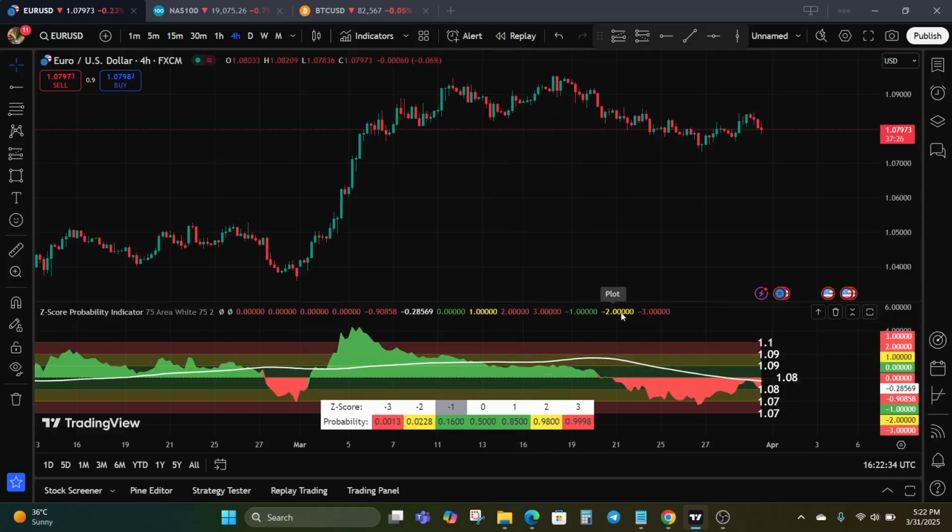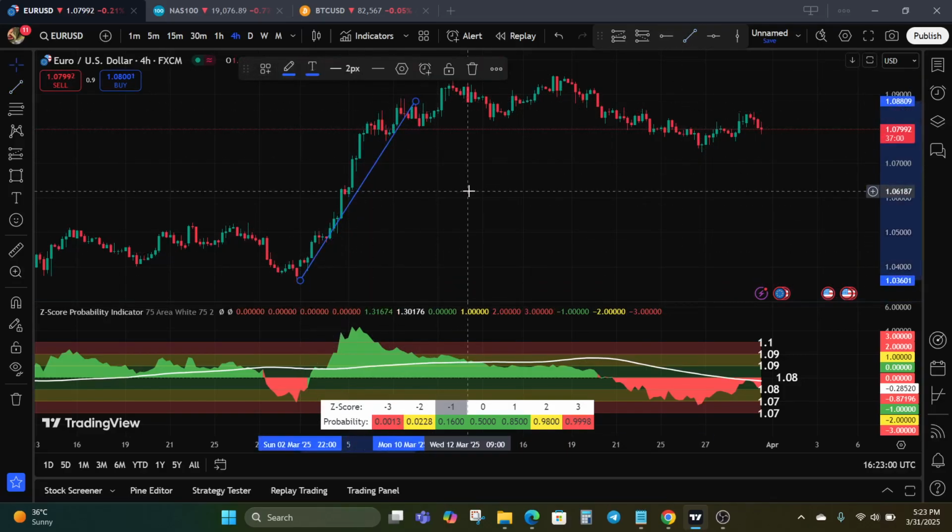So when you have a high positive Z score, it suggests that the price is significantly above its mean, indicating a strong uptrend. And that's exactly what happened here, right?